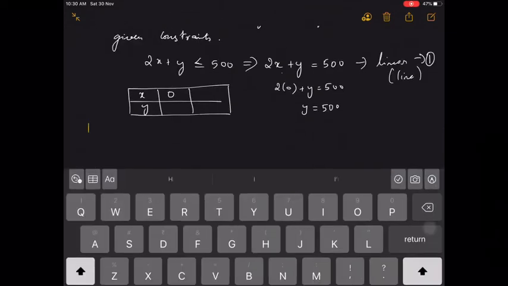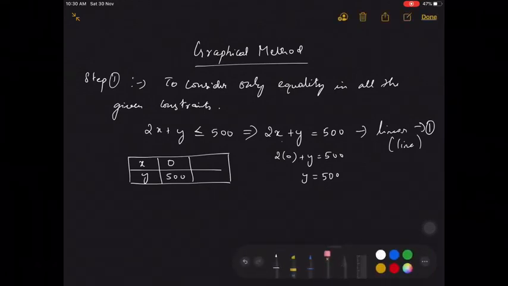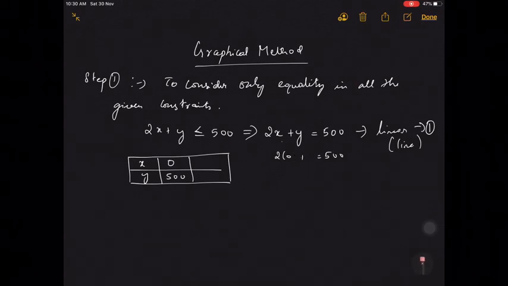So when you put x as 0, you get the value of y as 500. This is just for understanding purpose. You can write the numbers directly in the table.